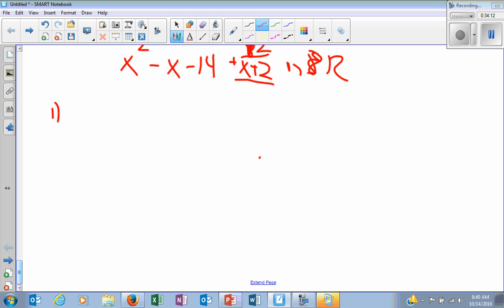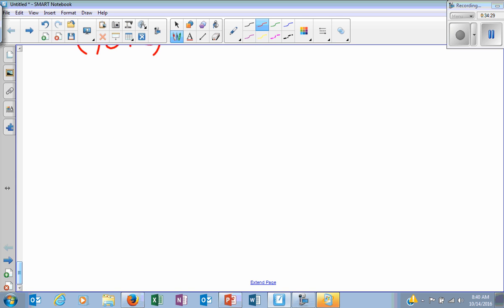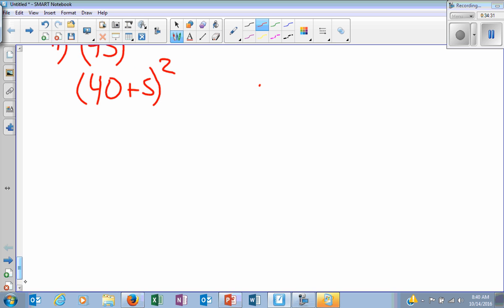Number 11 comes from yesterday's work. You should have taken 45 squared. What can I break that down into? 40 plus 5 squared.